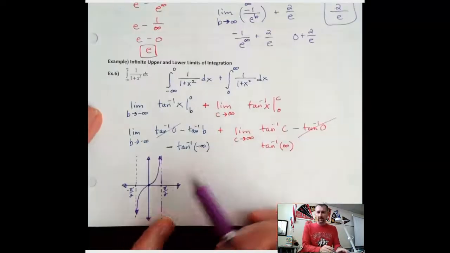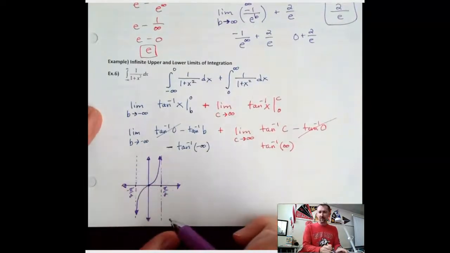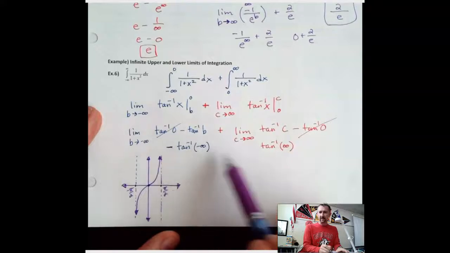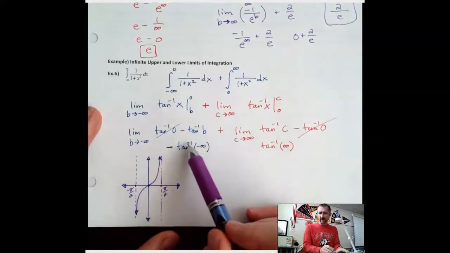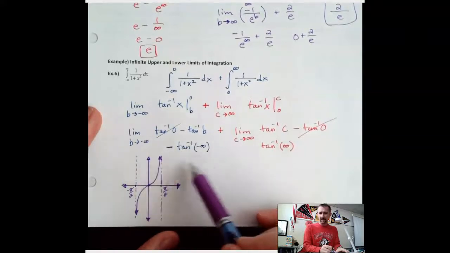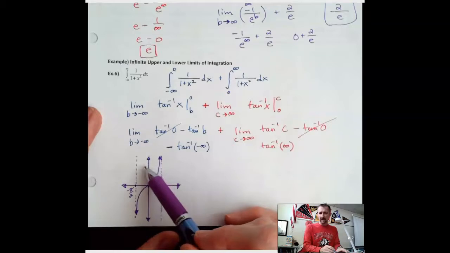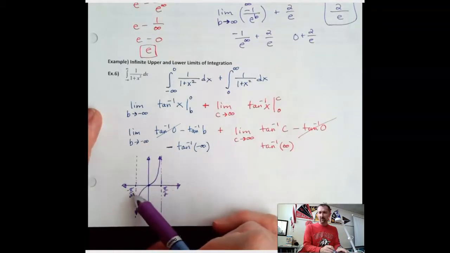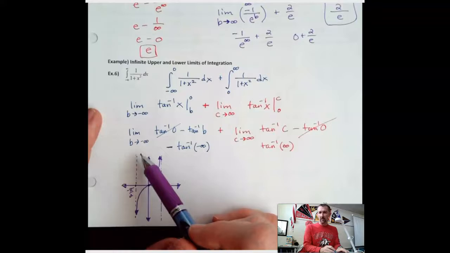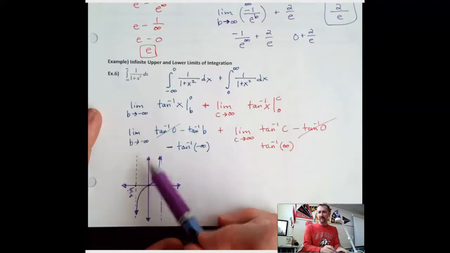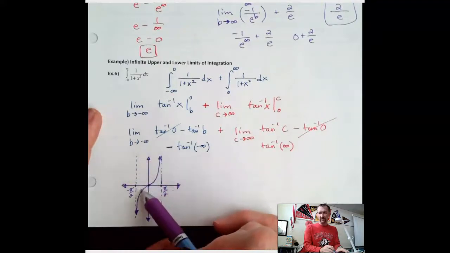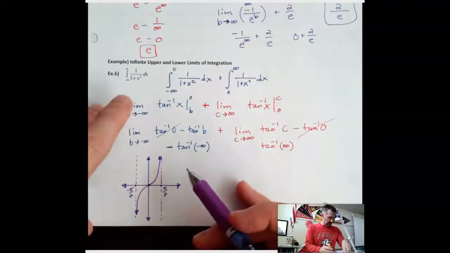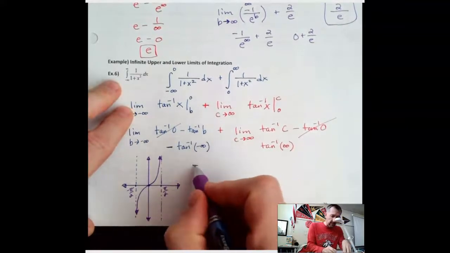Okay. All right, so I quickly did a graph of tangent for you so we could think about these two values here. So the inverse tangent of negative infinity: when does tangent equal negative infinity? At pi over 2. Well, remember, we're doing the limit as b approaches negative infinity. So as this approaches negative infinity, this approaches negative pi over 2.